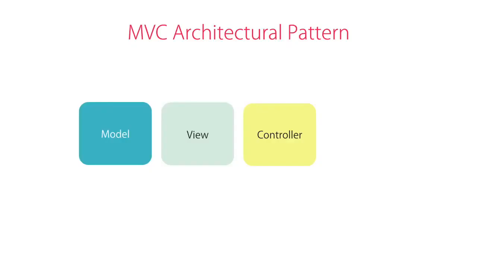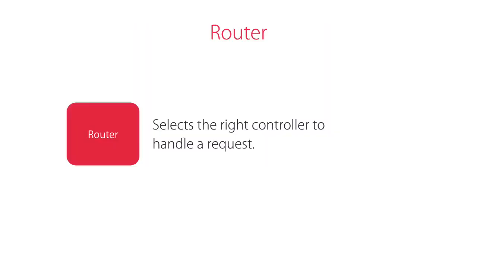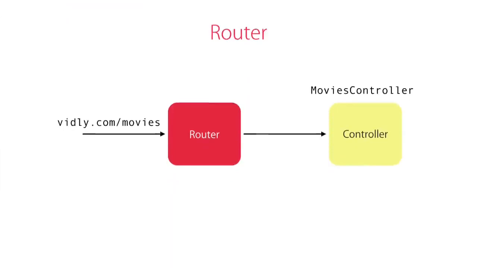Now, there is one more piece to this architecture, which is not in the acronym MVC, but is nearly always there. It's a router. Earlier, I told you that when a request comes in to the application, a controller will be selected for handling that request. Selecting the right controller is the responsibility of a router. A router, based on some rules, knows that the request with the URL /movies should be handled by a class called MoviesController.